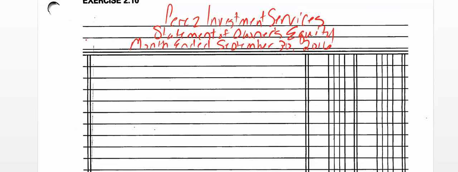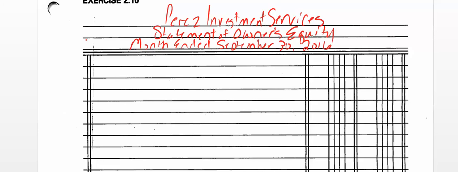So ignore the top figure, but looking at figure 2.6, it shows you step 1 is to prepare the income statement. The number you get on that income statement goes into the statement of owner's equity, and then step 3, the owner's equity total goes into the balance sheet, and the balance sheet is our final financial statement that we prepare. Okay, so either tab page 37 in your textbook, or just keep flipping back and forth for the moment, but that is a page you're going to be using a lot.